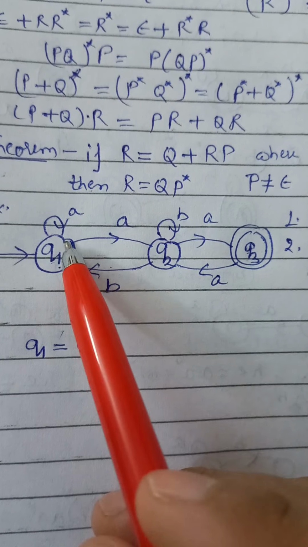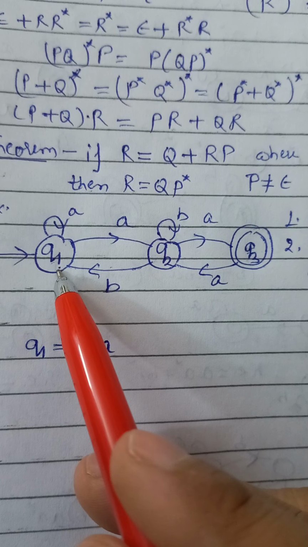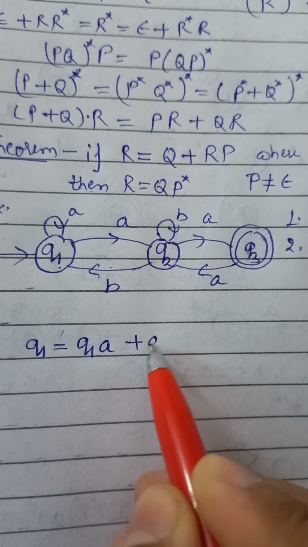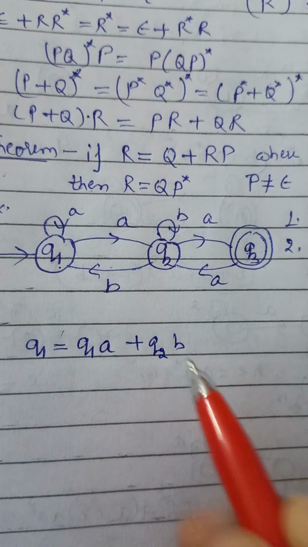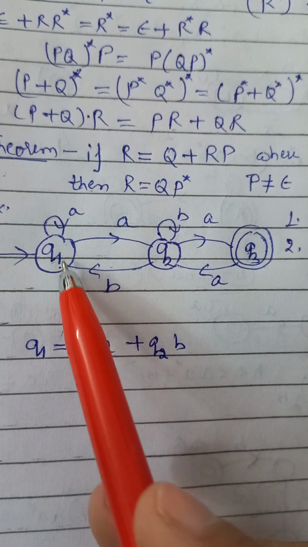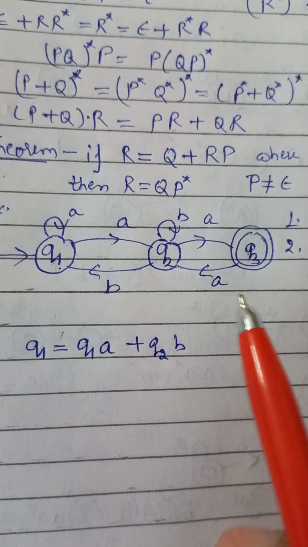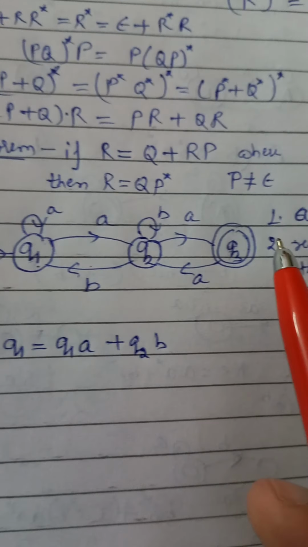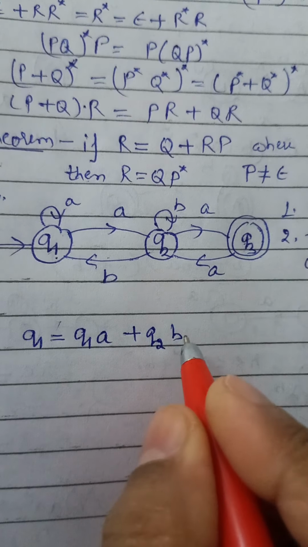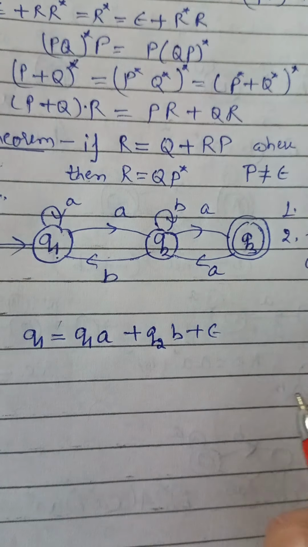So q1a, and what is next coming towards q1, that is q2b. So q1a, q2b, whatever is coming towards q1. And as we have said in the first rule, we will add epsilon with the start state. So this is our start state, so we will add epsilon here.